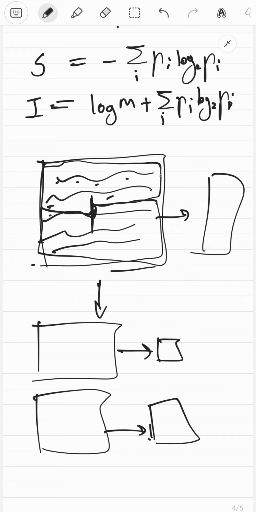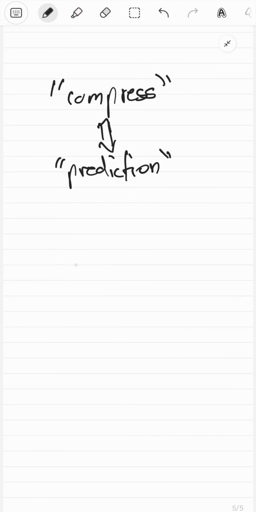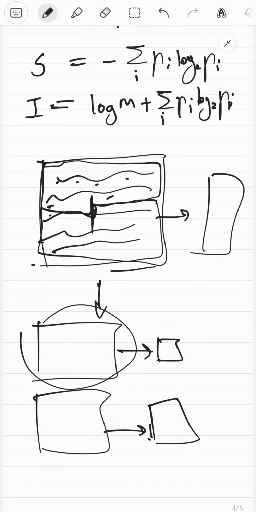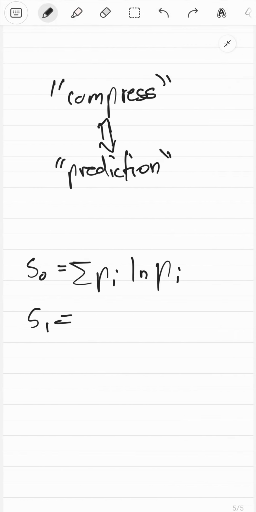So the entropy over here is given as whatever the entropy was initially: summation of pi natural log of pi. That's the initial entropy. Now the entropy of the first text file that we have created is going to be summation of pi1 natural log of pi1.